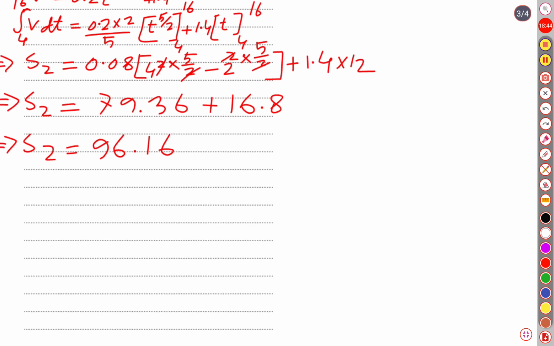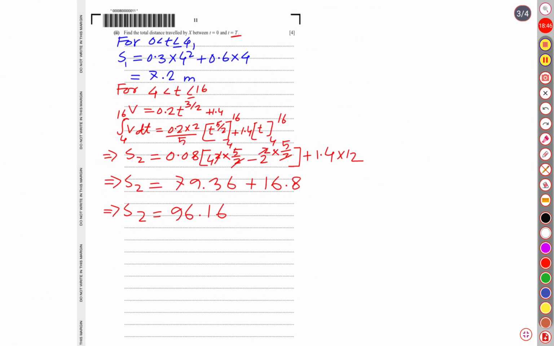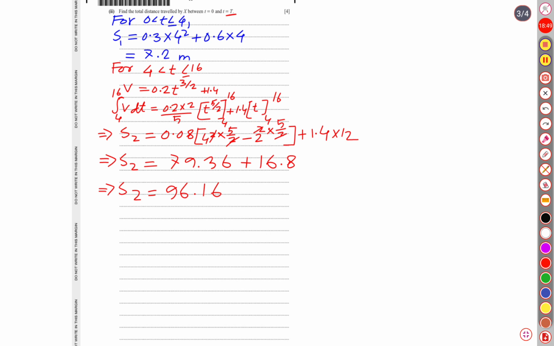Now they have told us to find the total distance. If we sum up both the distances or displacements, we will get the total displacement.